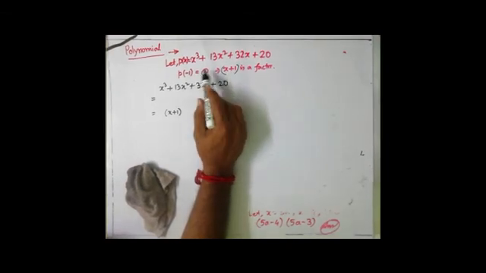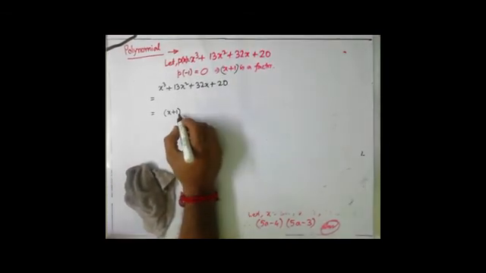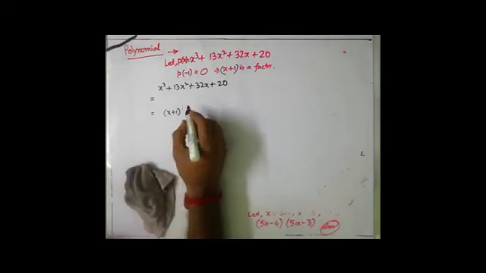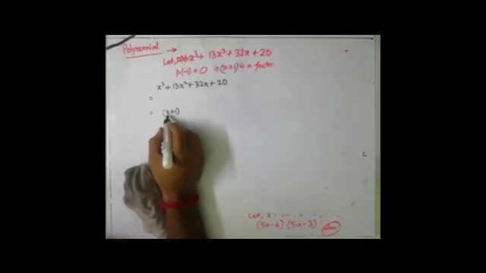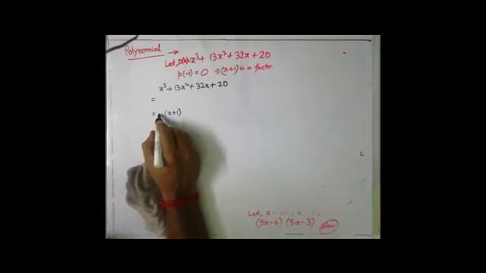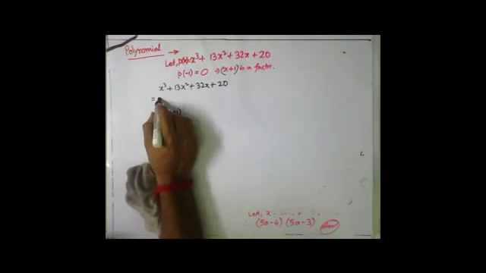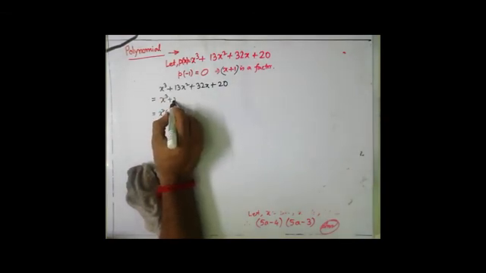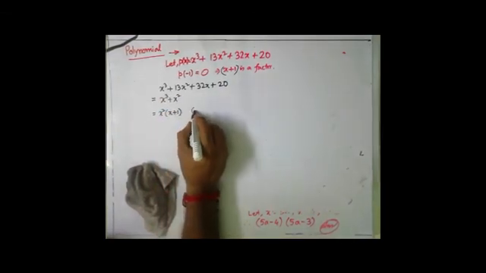The factor which gives value 0. So x plus 1 I have written, and how much should be multiplied with this factor to get x cube? Obviously x square. So x square, multiplied with this, write it over here now, x cube plus x square.